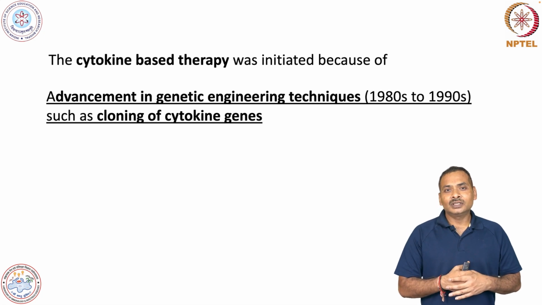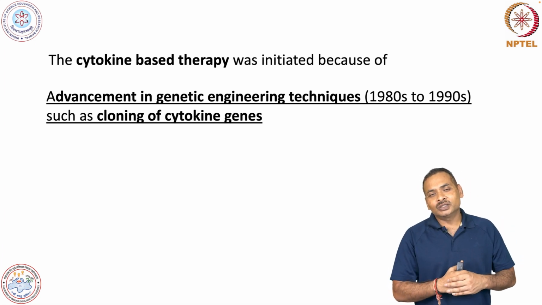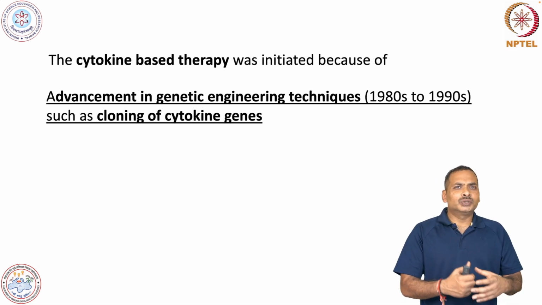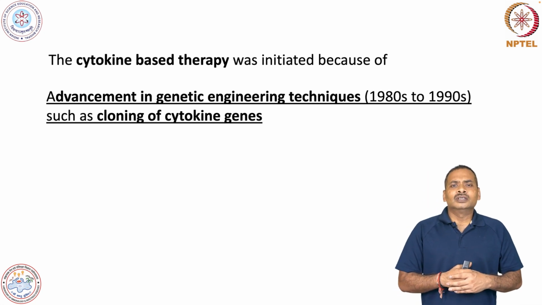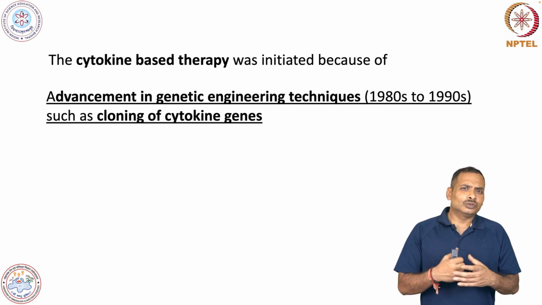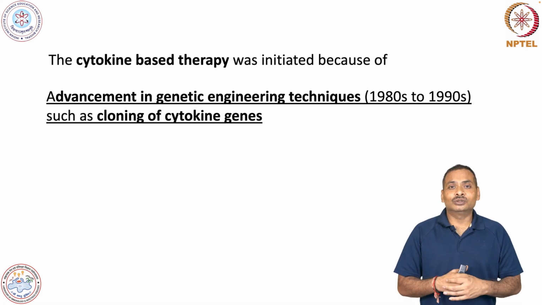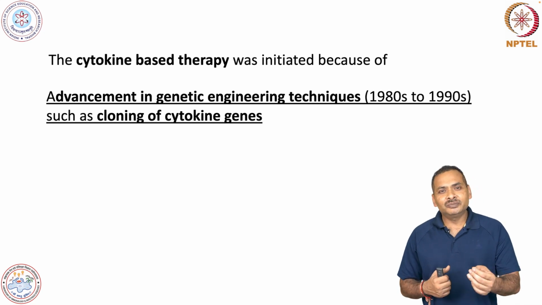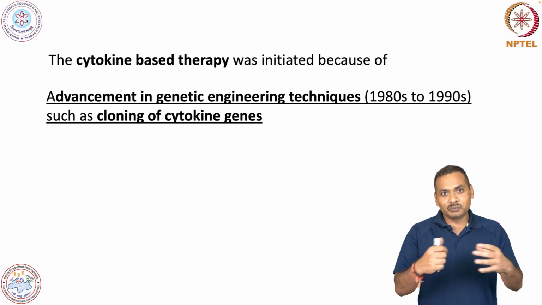People learned about the cytokines, people now knew how to make the cytokines, and then they wanted to use them for some disease or other. If you want to isolate the cytokine from cells or tissues, it is very difficult. Why? Because it is produced in extremely low amounts, and they have quite huge biological effects.